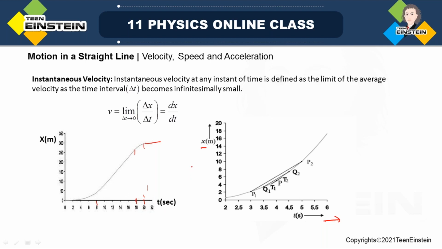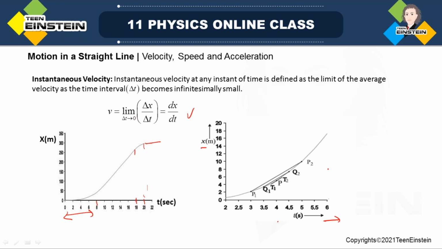Now we want to calculate instantaneous velocity. We want to represent instantaneous velocity in the position time curve itself. So how do we do that? For our convenience, we have taken the part of this curve till 8 seconds and zoomed it up.